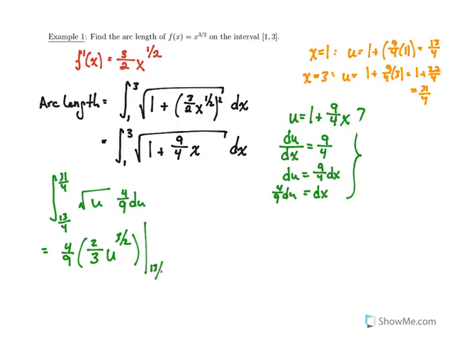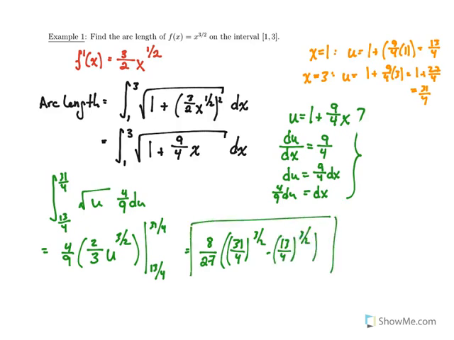Evaluated from those bounds, which will give us 8/27, the constant out in front, 31/4 to the 3/2 minus 13/4 to the 3/2. The length of this curve.